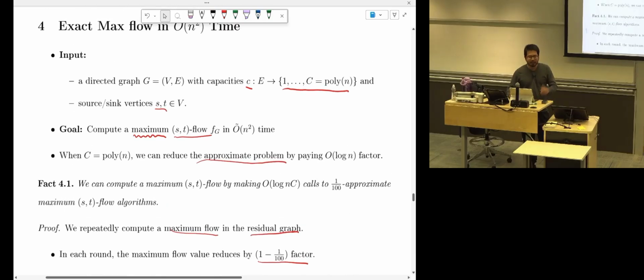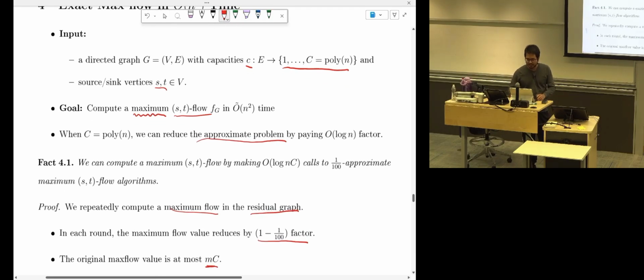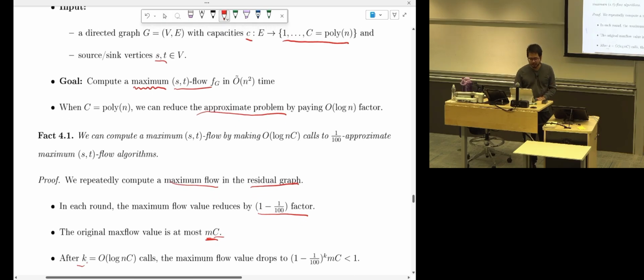Now, how many times can you reduce this? The original max flow value is at most, if I am super generous, m times c. So after k many calls, the maximum flow value would drop to this thing to the k times the size of the initial max flow.